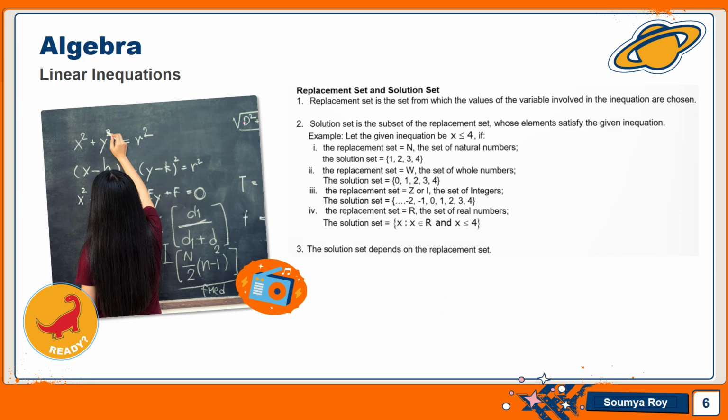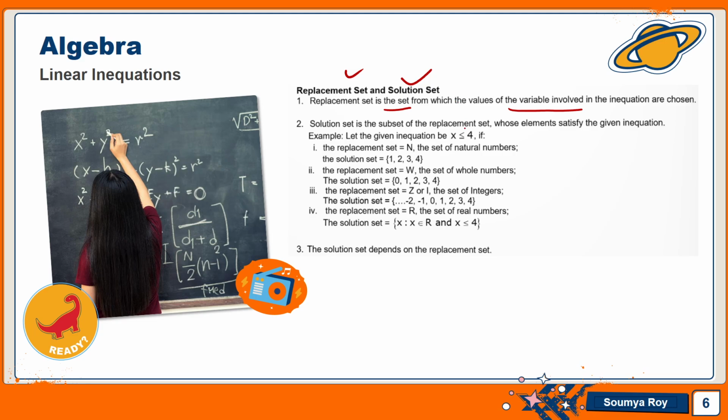Now one more thing I want to let you know: the replacement set and solution set. So what is it? The replacement set is the set from which the values of the variable involved in an equation are chosen. It is the set from where we are going to fetch the values.